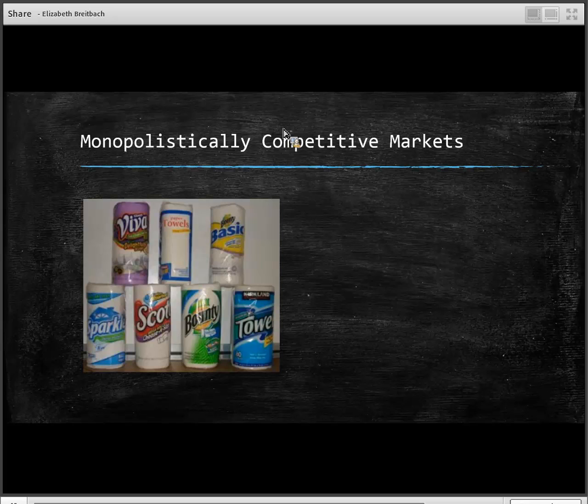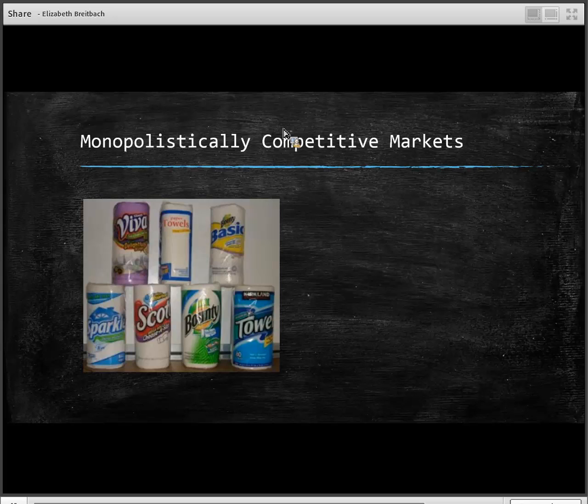So for oligopoly, what we see is there's a relatively small number of firms. So we're going to continue to move away from purely competitive, move away from monopolistically competitive and towards monopoly, and we're going to continue to reduce the number of sellers. As we continue to reduce the number of sellers, it allows firms to have more control over prices.